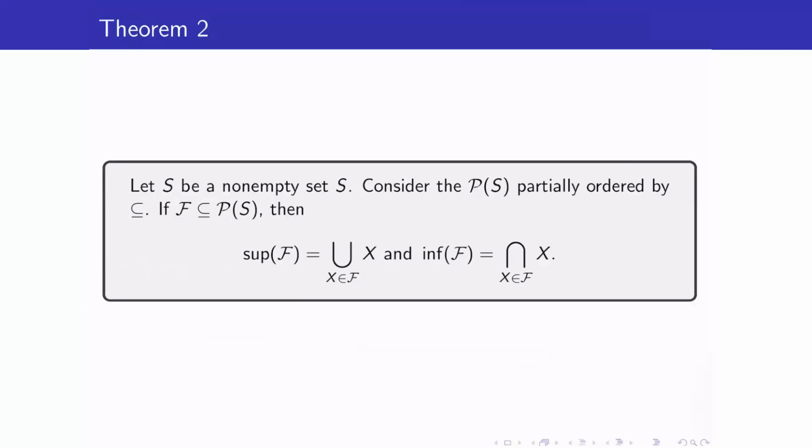Let us now proceed in proving this theorem. What I will do is to show this one. The supremum is just getting the union of all the sets in the family. So let me first write that in layman's terms.